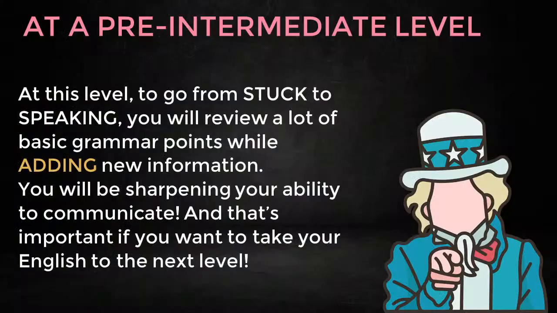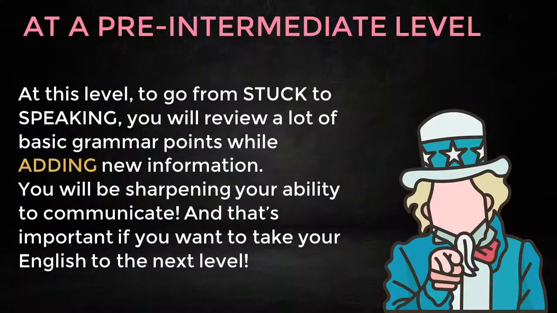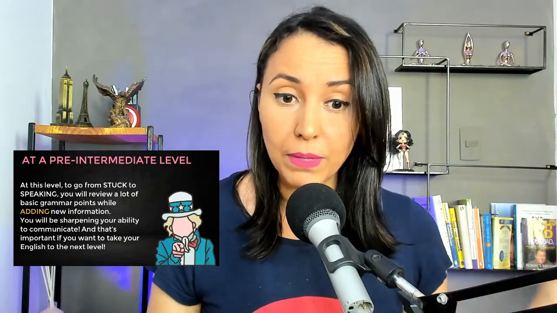When it's time to understand conversations, they have problems understanding many different kinds of conversations. So this is what I call the pre-intermediate, intermediate level. And at this level, if you want to go from stuck to speaking, you will review a lot of basic grammar points. However, there is a difference. Now, you will review the basic grammar points.